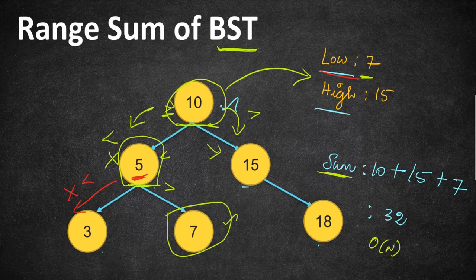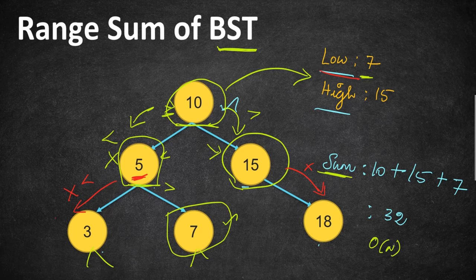Coming to the right side of 10, which is 15, because we don't have any more nodes to explore here. 15 is on the borderline of the range. The values on its right side can be more than 15, so we don't really have to look at the right side, but still, what if 15 lies directly on the right side?